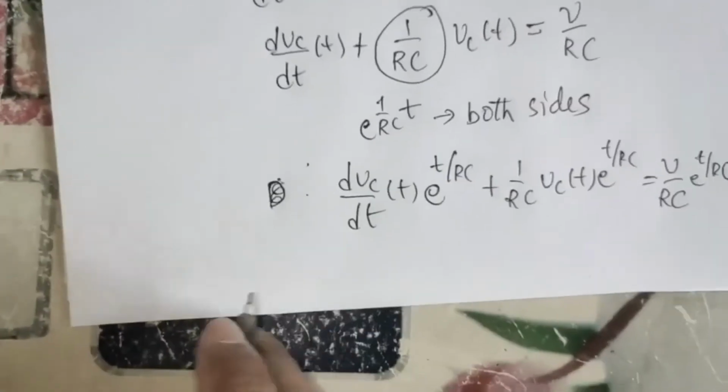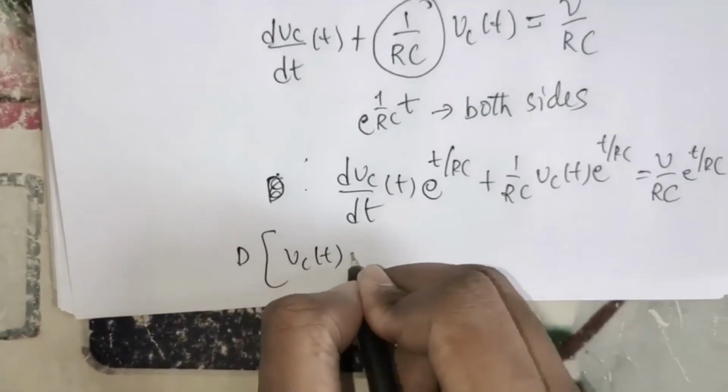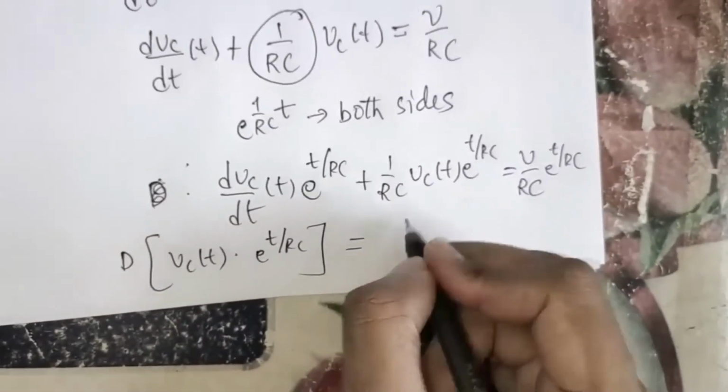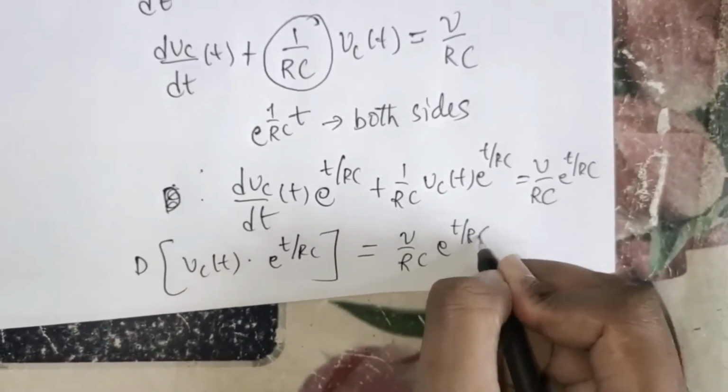So the left hand side I can write as derivative of Vc of t into e power t by RC, and the right hand side is nothing but V by RC into e power t by RC.